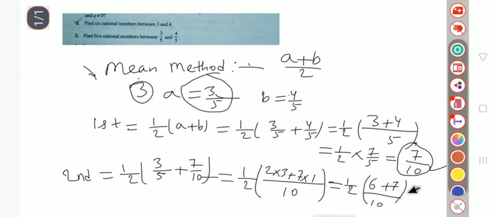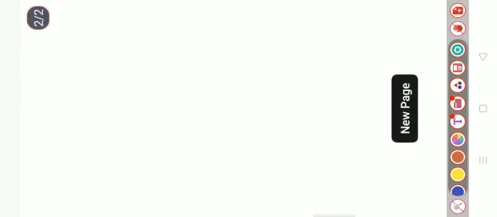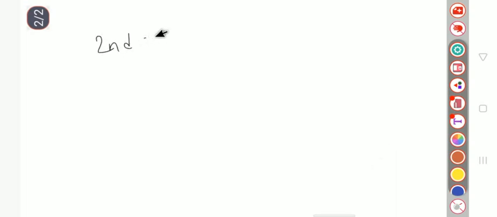So what is 6 plus 7? It is 13. Here 1 by 2 into 13 divided by 10, so it will be 13 by 20. So the second rational number will be 13 upon 20.